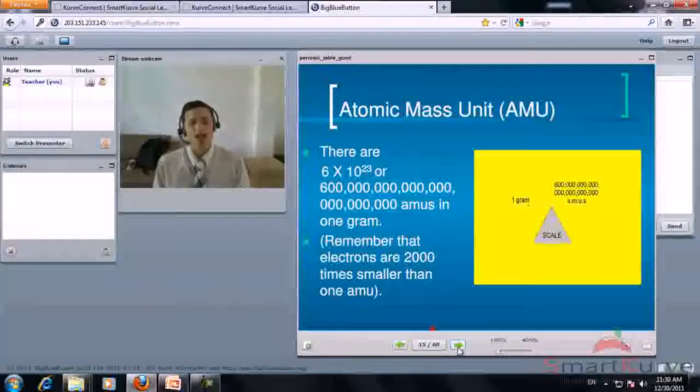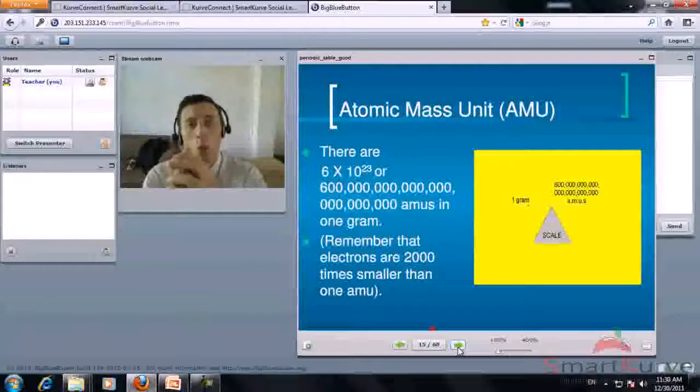I know it's kind of hard to imagine this number, but to give you an example, in the human body, like my body or your body, there are about 100 trillion cells. Now, on the planet Earth, there are 7 billion people. So 6 times 10 to the 23rd would be about 100 trillion times 6 billion.